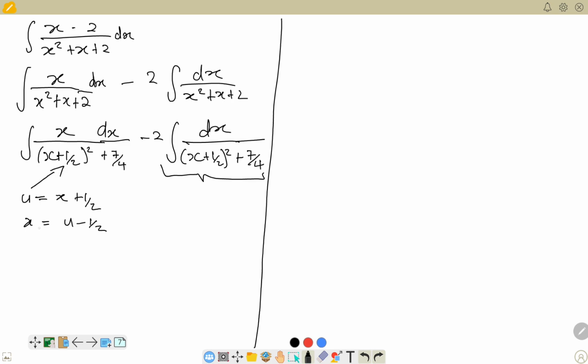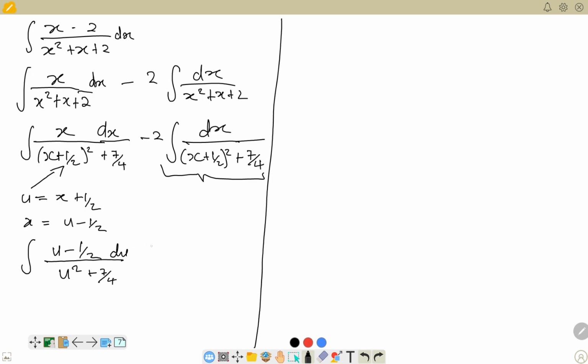Then wherever I see x, I must substitute u minus half. So I have u minus half. Then on the denominator, I can actually have u squared plus 7 over 4.